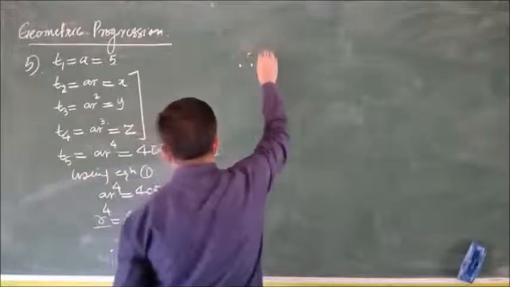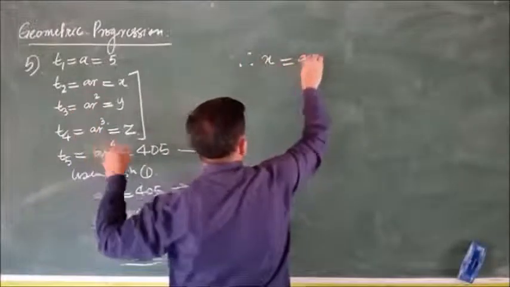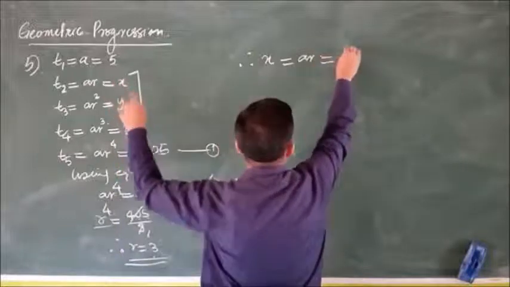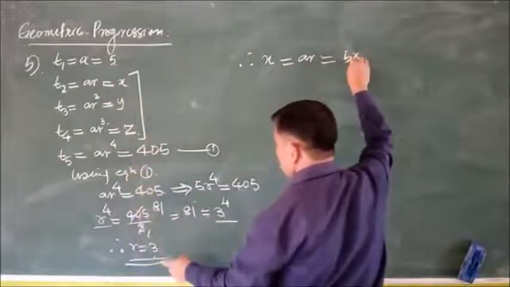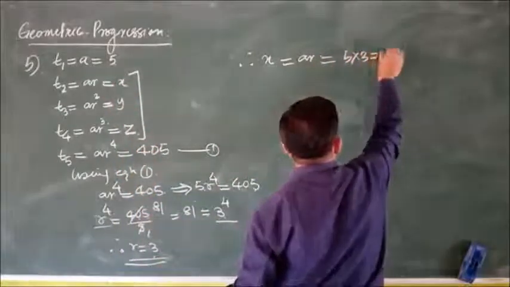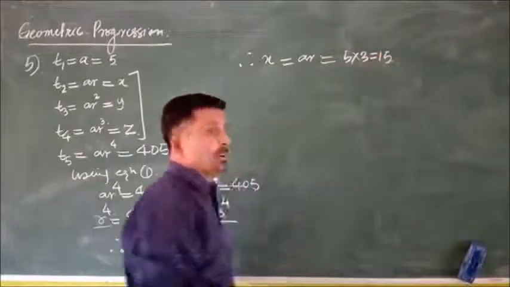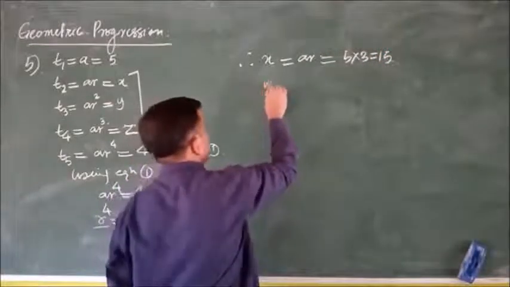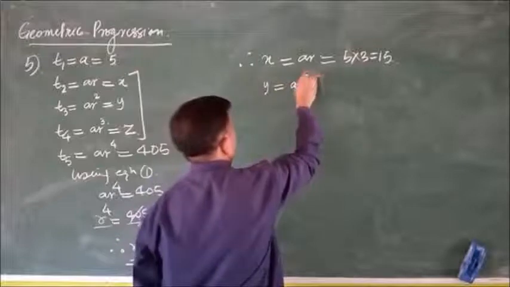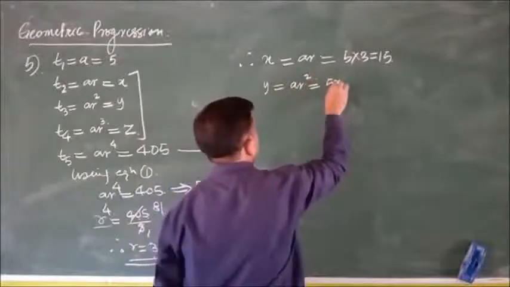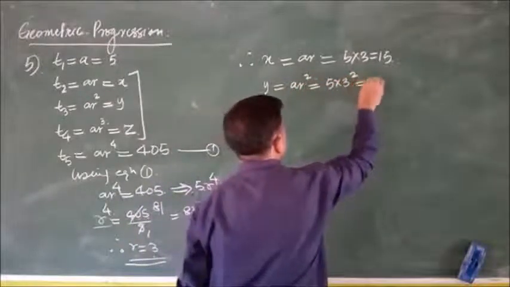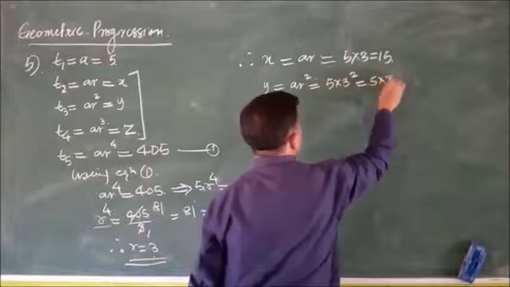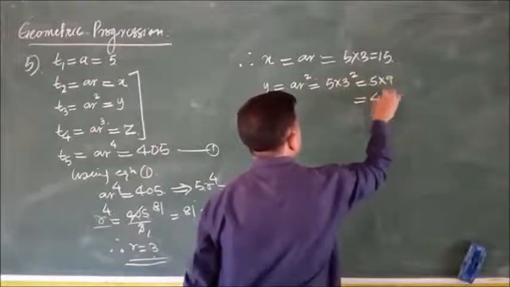Therefore, X will be equal to AR, and your A is 5, R is how much? 3. So it is equal to 15. This becomes the value of your X. Likewise, Y is equal to AR square, that is 5 into 3 square is equal to 5 into 9 is equal to 45.